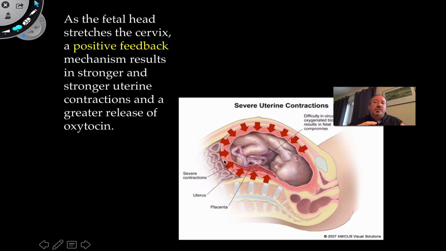As the uterus contracts, it then stimulates the posterior pituitary gland to make even more oxytocin, and then more contraction, and then more hormone, and then more contraction. The contractions become more severe and longer in duration, ultimately serving the purpose of squeezing a baby out of the female body.